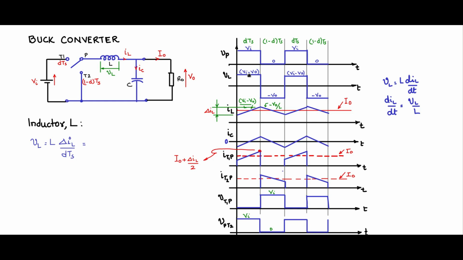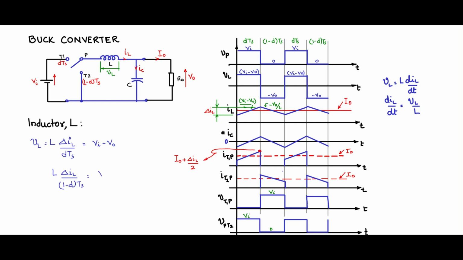So for that, the voltage that is seen across the inductance is Vi minus V0, which we will put down. Other way, I can look at the other portion, 1 minus dTs portion also. So L delta IL, the current traverses through delta IL in time 1 minus dTs, and during that the magnitude of the voltage is V0.